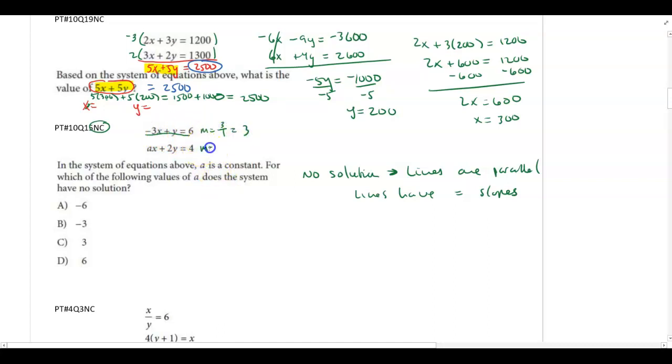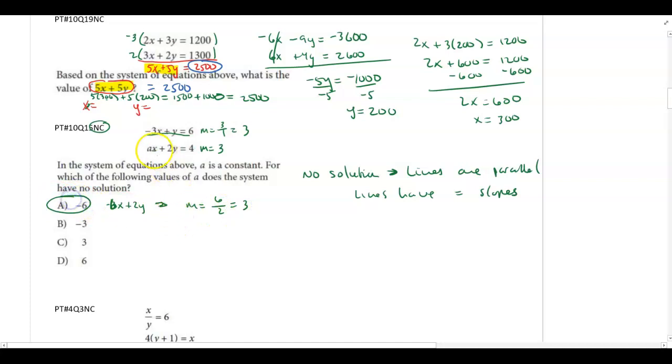So I know right away I need to find the value of A that makes the slope of this line 3. So here's what I'm going to do. If I have -3x plus 2y, and -6x, I'm replacing A with -6, the slope of this line would be the opposite of -6 over 2, which is 3.